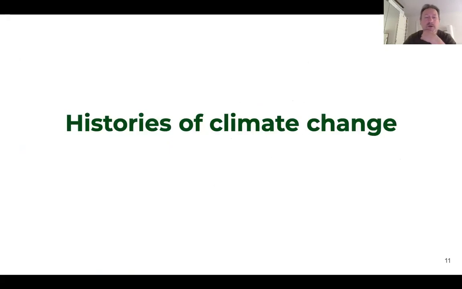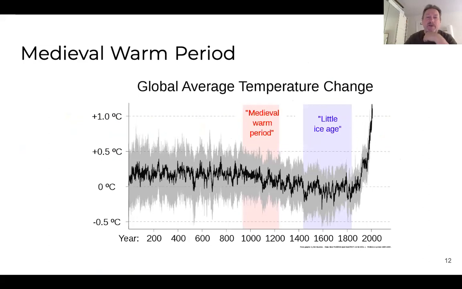Now to histories of climate change. This is the medieval warm period. It is here. And as you can see, as you probably remember, this is the data and these are estimates.